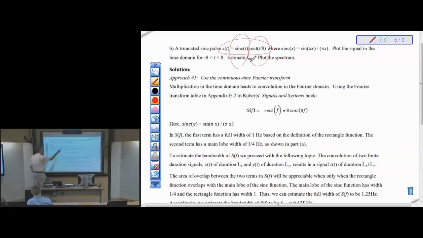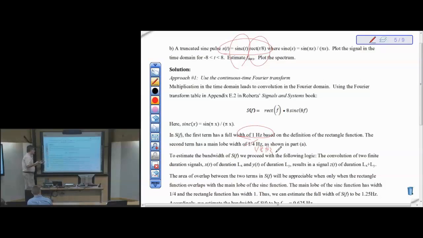But if I look at the convolution in the Fourier domain of the rectangular and the sinc, I get a smearing or smoothing out or widening of the rectangular pulse in the Fourier domain. And I can use that to my advantage. The two-sided sinc has a null-to-null bandwidth of 1 hertz. The second term has a main lobe width of 1/8 hertz. That's not right. It should be 1/8.